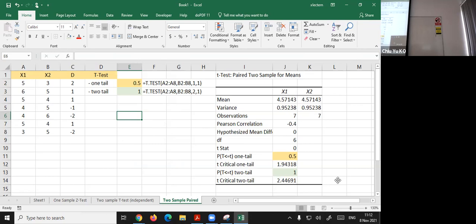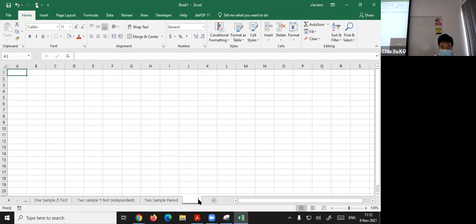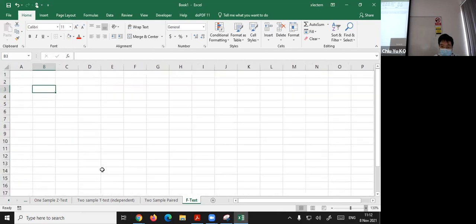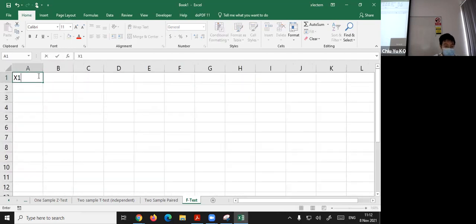So the last thing I want to show you today is the F test. I don't think I have time to go to R, but let's do the F test first. F test is when you have two data sets.